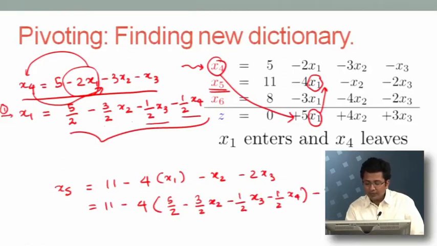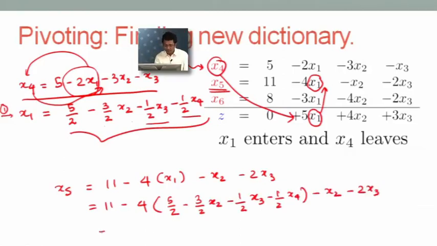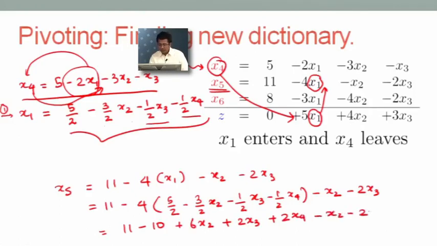Minus x2 minus 2x3. Okay, so this becomes 11 minus 4 times 5 by 2, which is 10, minus, so it becomes plus 2 times 3 is 6x2 plus 2x3 plus 2x4 minus x2 minus 2x3, some algebra, so this becomes 1 plus 6 minus 1, 5x2, 2 plus 2, 2 minus 2, 0x3, and that should be it.